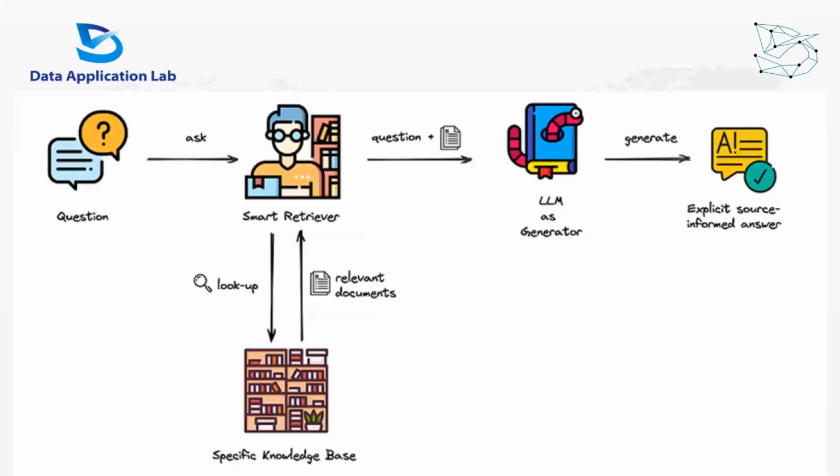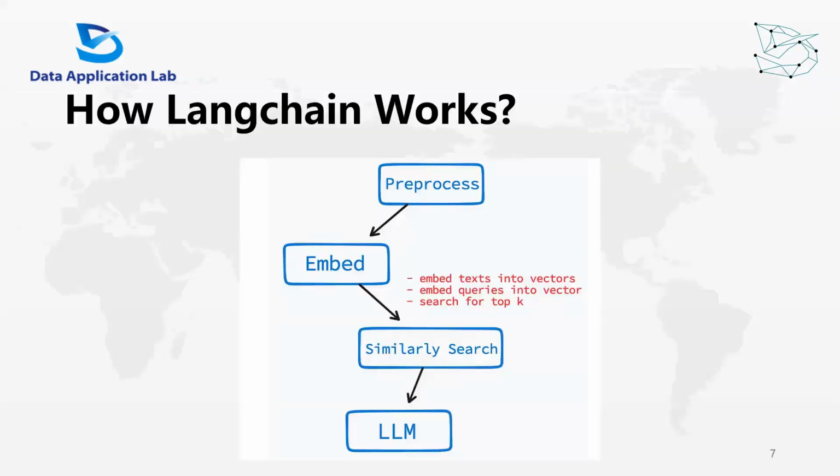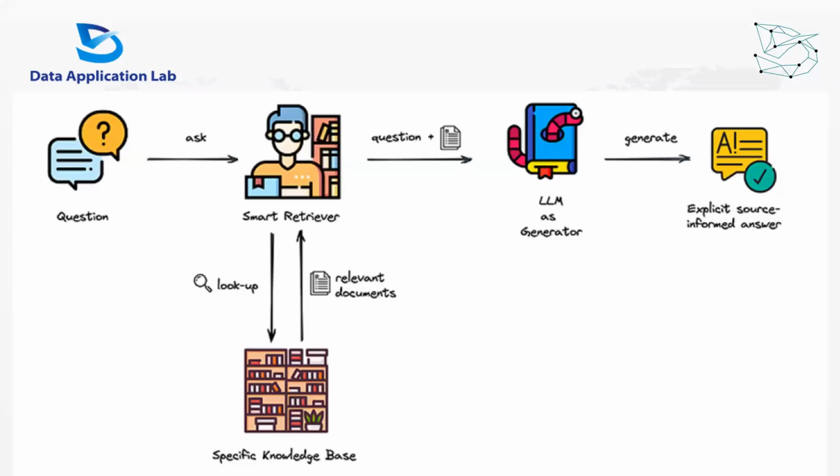So this is the overall architecture of how it works. We ask a question, and with the help of similarity search as shown before, here is the smart retrieval, where based on our specific knowledge it tries to extract the information, and it checks whether the question is related to our data or not.